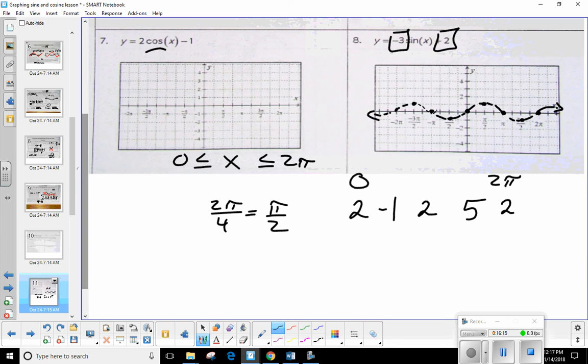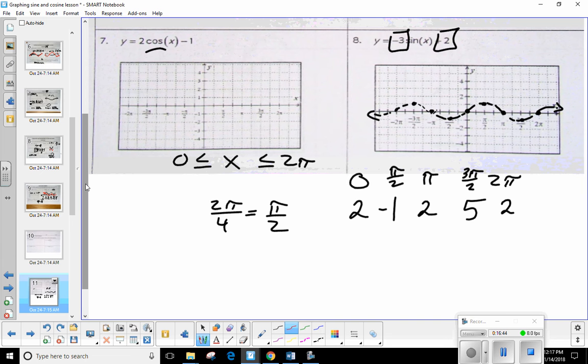Now again, that just happens to be occurring for these random examples. It's not always going to be pi over 2 that you add. Just be careful about that. So this would give me pi over 2 plus pi over 2, pi, plus pi over 2, 3 pi over 2. And of course, 3 pi over 2 plus pi over 2 should get me to 2 pi.